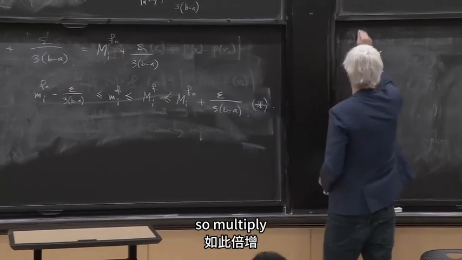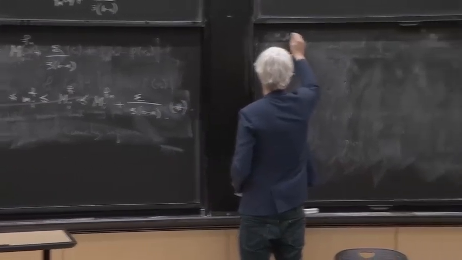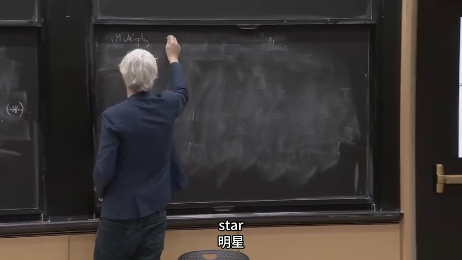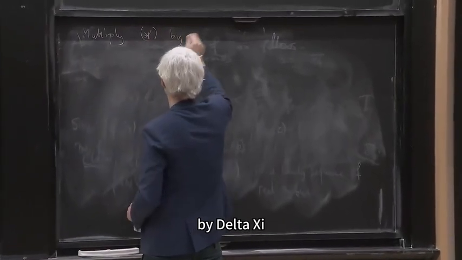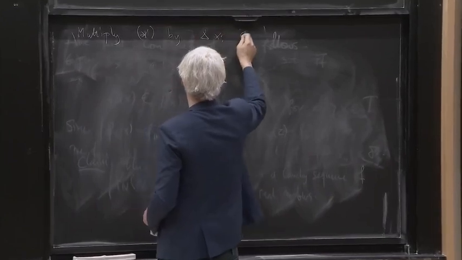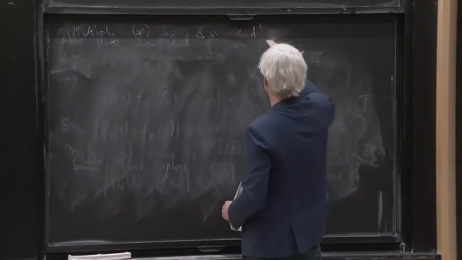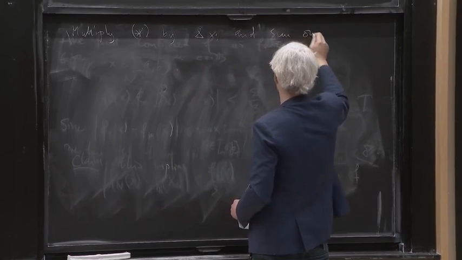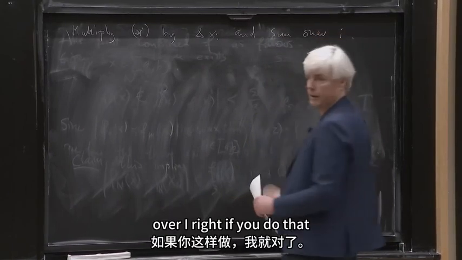So multiply star by delta x_i and sum over i, right?